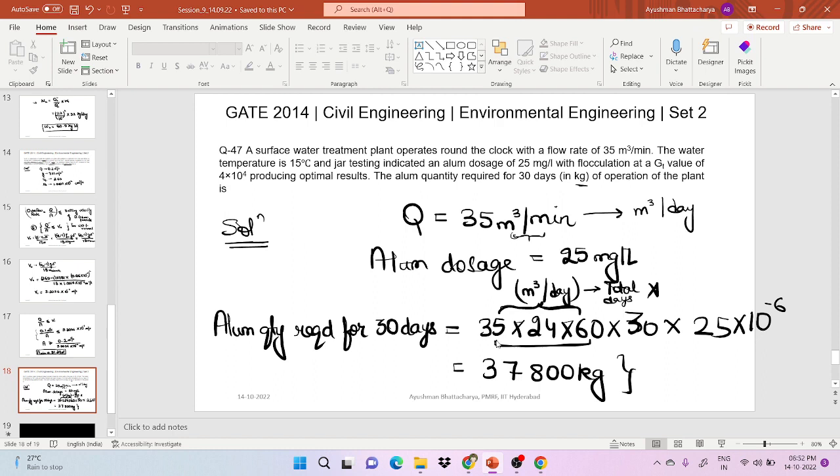Now we multiply with the total number of days, 30 days, and this is the quantity of alum required for 30 days. Per minute they have mentioned, milligram per liter, and so we got as a final result 37,800 kg. This much alum is required for the 30 days.